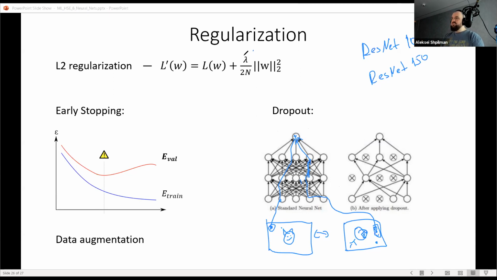Let's introduce another term for the sum of all weights. And let's now minimize both the loss function and that L2 term. And this is the size of the vector, and this is a scaling constant.